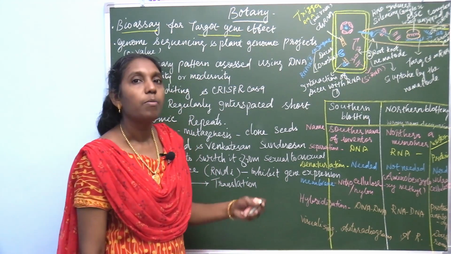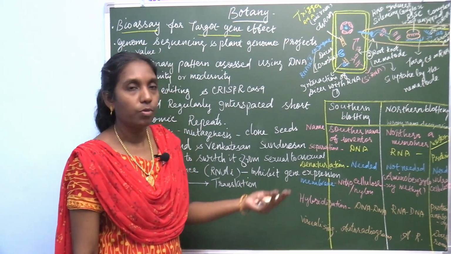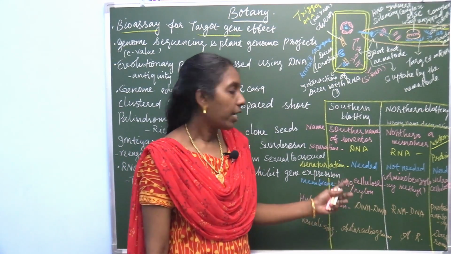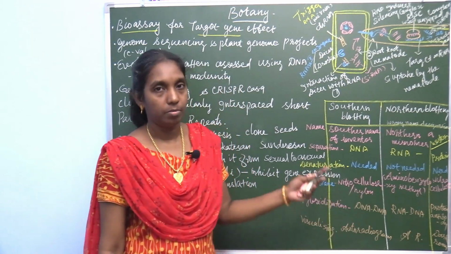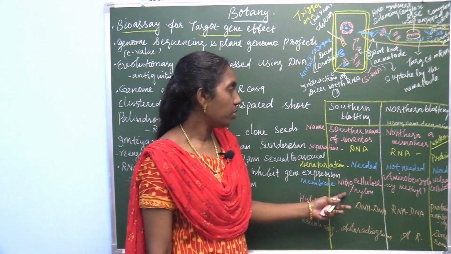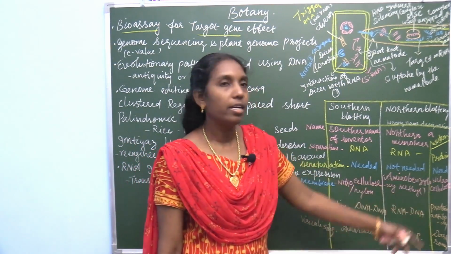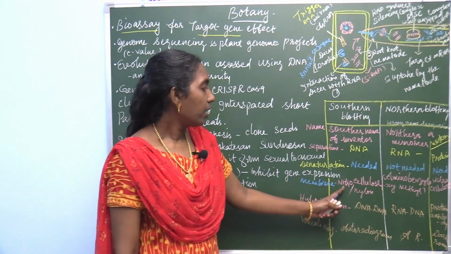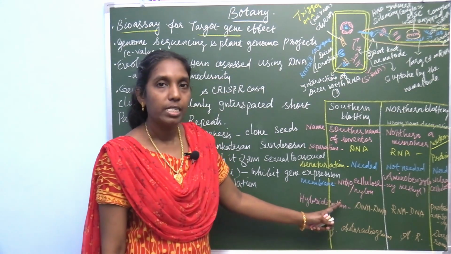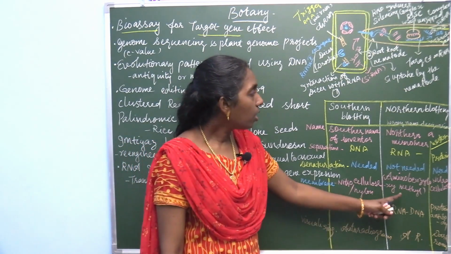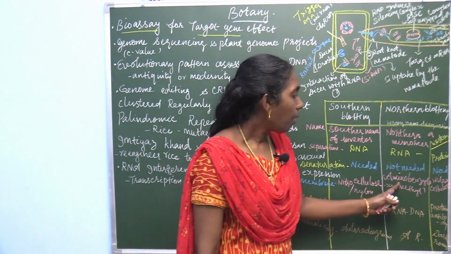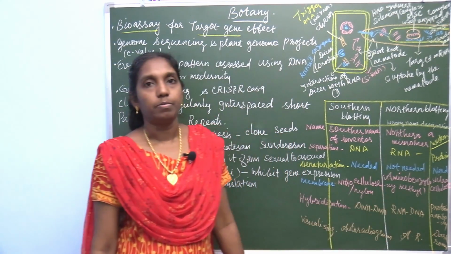Next difference, membrane. What are the membranes used for separating this? Mainly nitrocellulose or nylon membranes can be used in southern blotting and western blotting. But in northern blotting another membrane is used, aminobenzyloxymethyl.